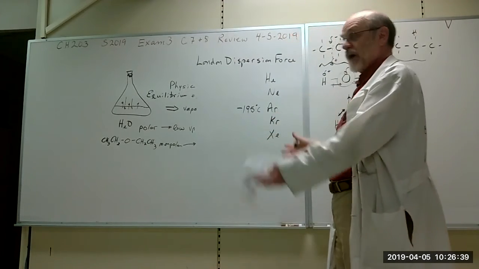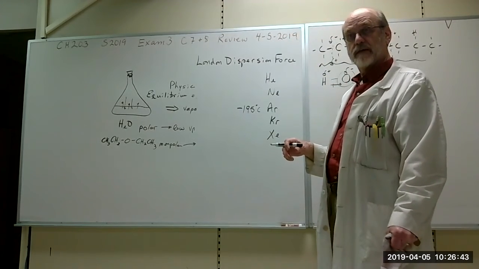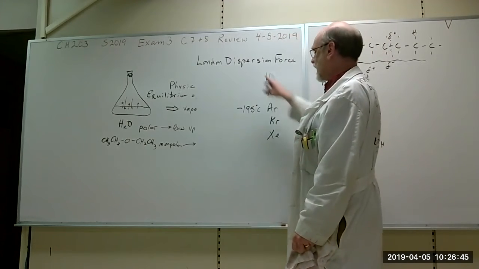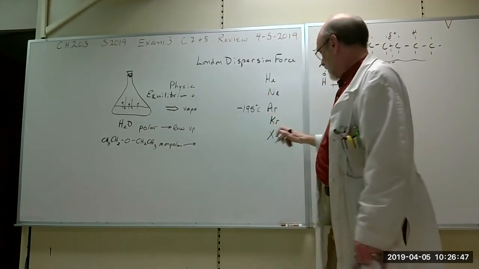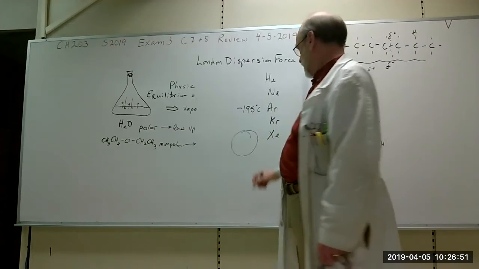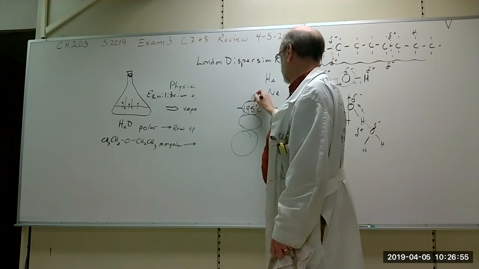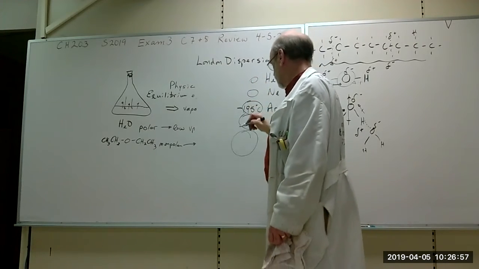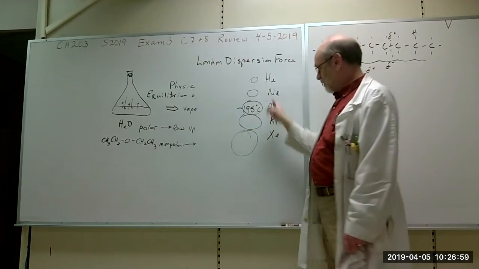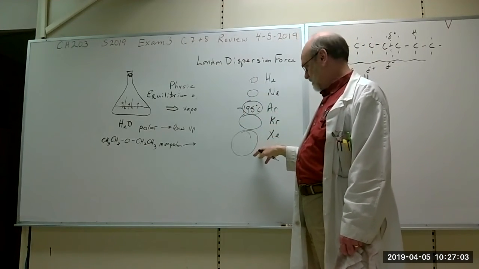Because they're just atoms. Same thing, London dispersion forces. Xenon is a huge atom. Krypton's a little smaller, argon's a little smaller, smaller. So you've got more room to redistribute the electron density.